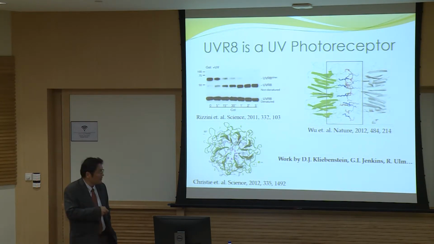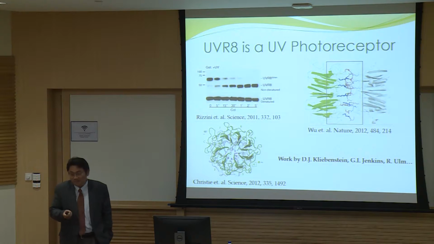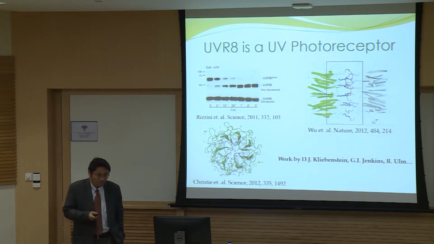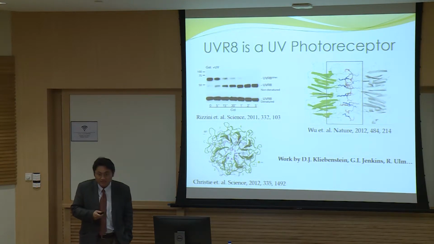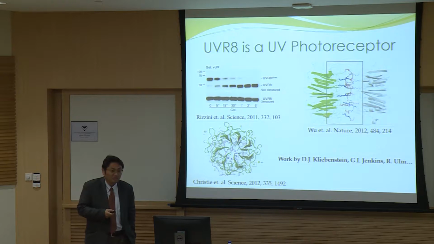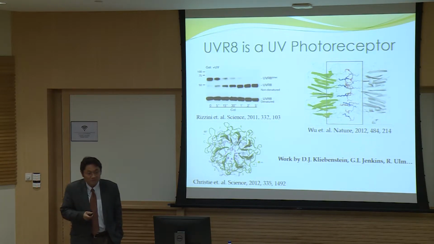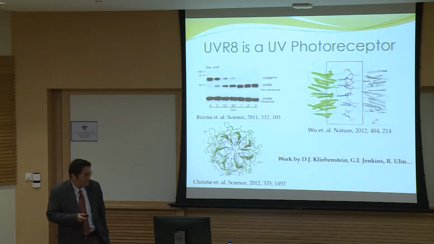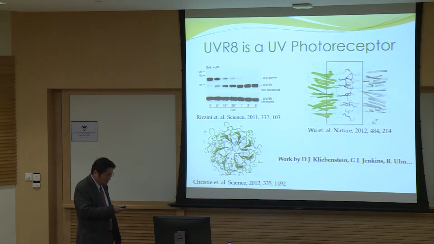But for this one, no chromophore, and this protein has a lot of tryptophan, which is an intrinsic amino acid, and it acts as the chromophore. I thought this was extremely exciting because we have studied tryptophan throughout my career, so we definitely have an advantage in studying this system.